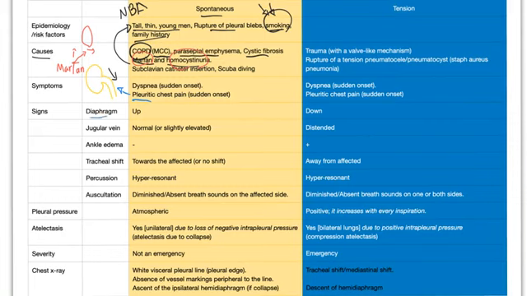Okay, let's talk about the diaphragm. In spontaneous, the diaphragm is up. In tension pneumothorax, the diaphragm is down. Why down? Because the positive pressure is pushing the diaphragm down. Jugular vein: normal or slightly distended. In tension pneumothorax, you have jugular venous distension, or you can call it increased central venous pressure. Ankle edema?